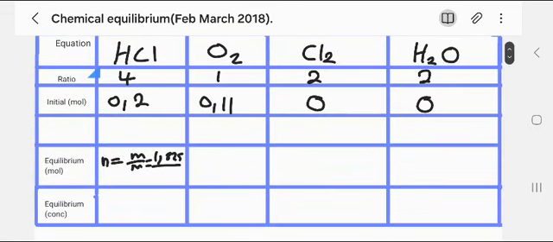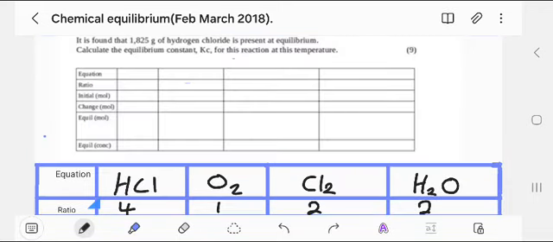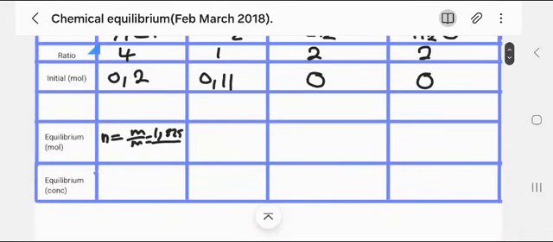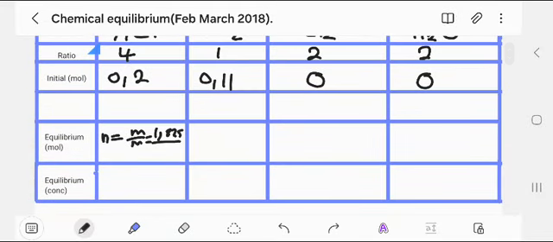When you divide, the moles you'll get at equilibrium will be 0.05.